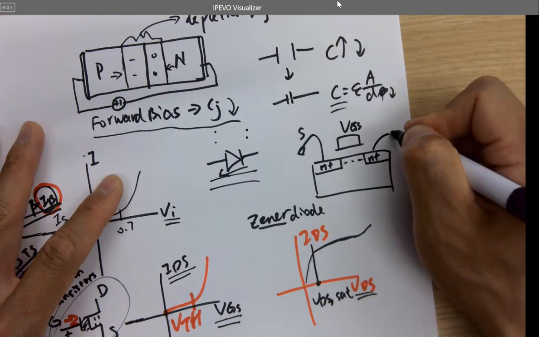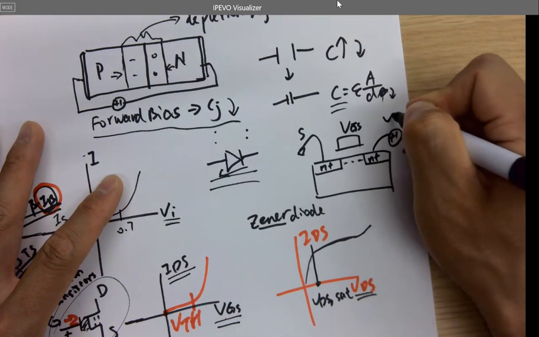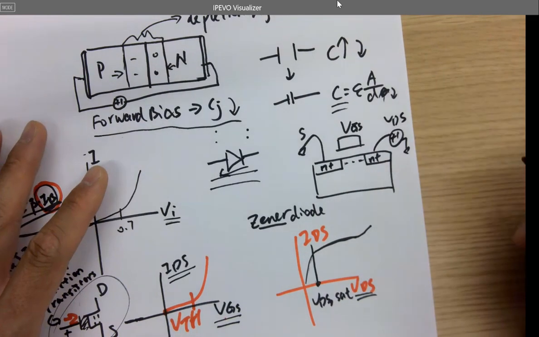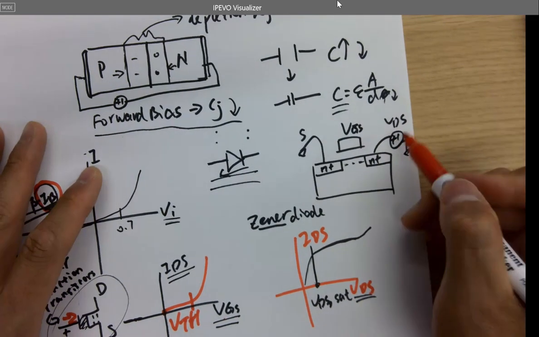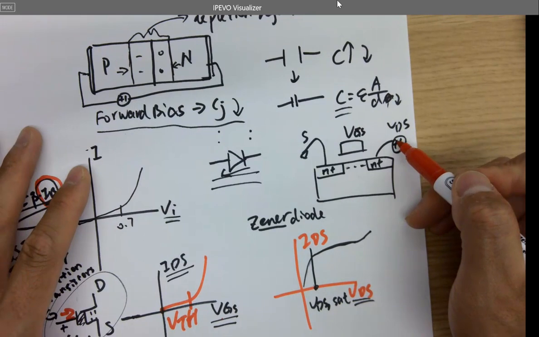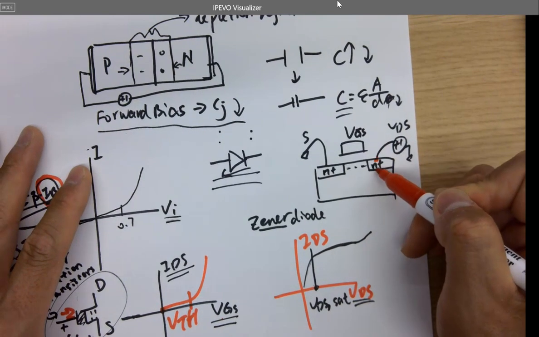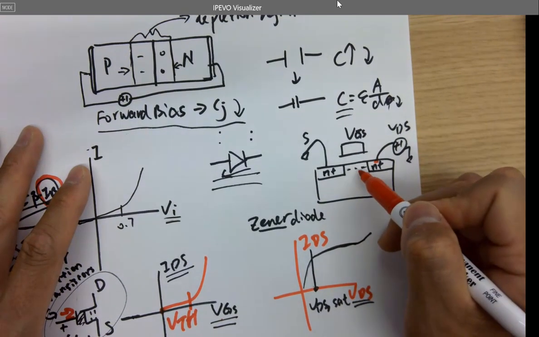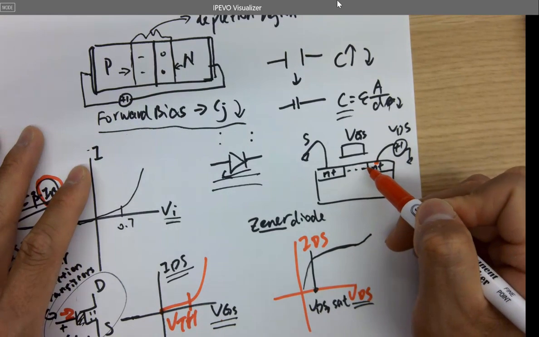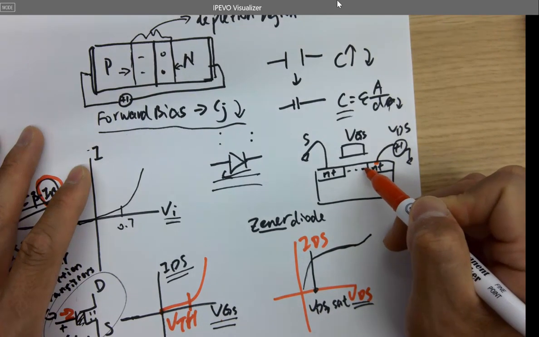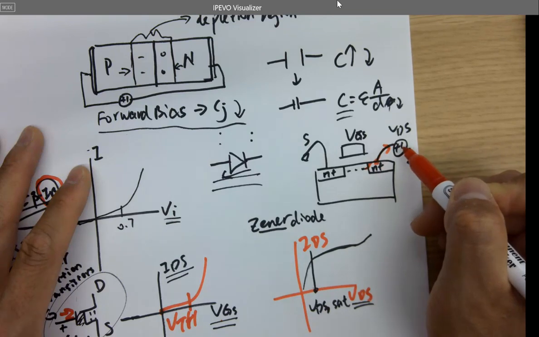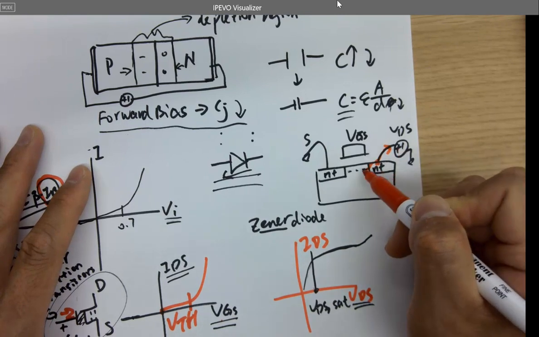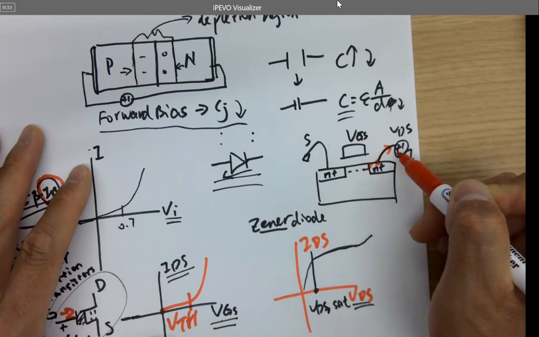But if you add a VDS to it, because this is a plus, the anode of the power supply, directly shorted to the N plus terminal, the electrons will move into the power source, the VDS, because it's an anode and attracts electrons.